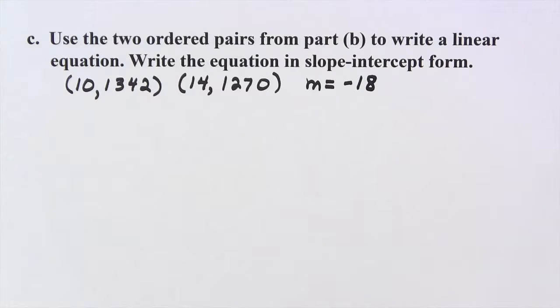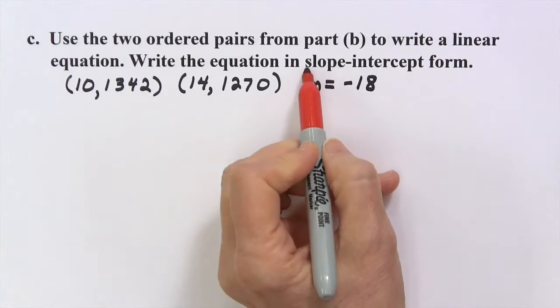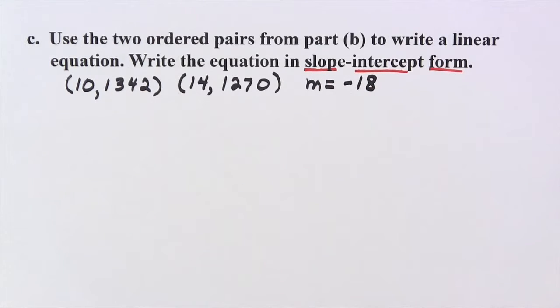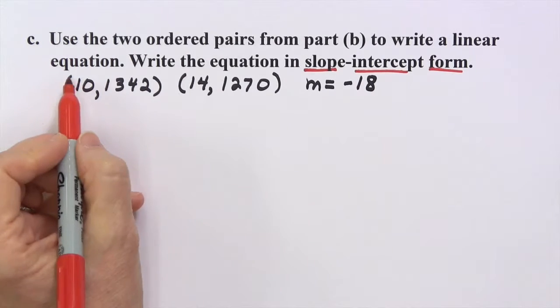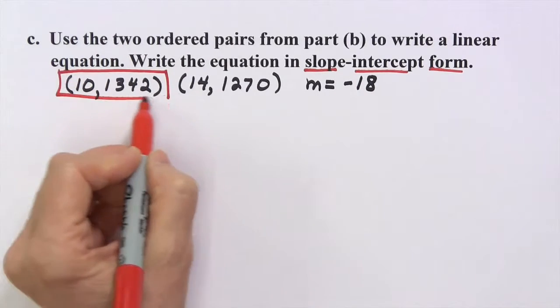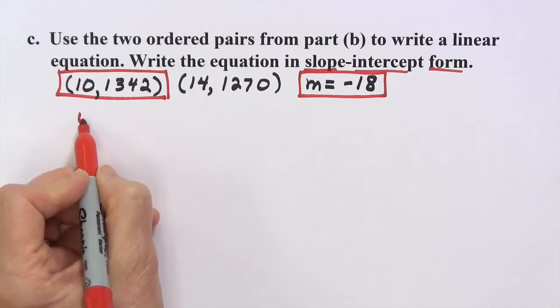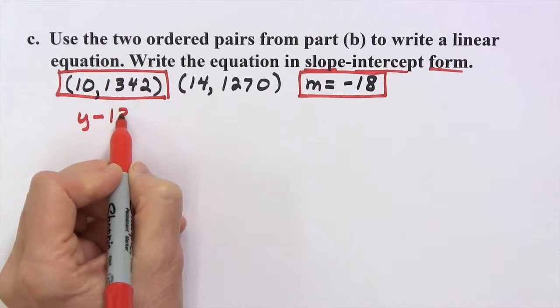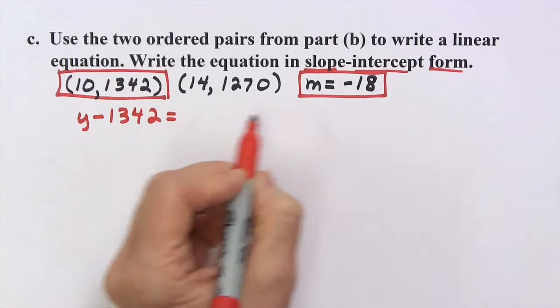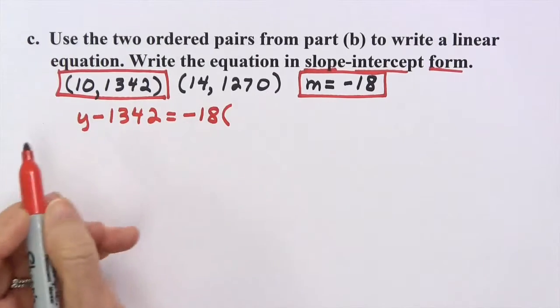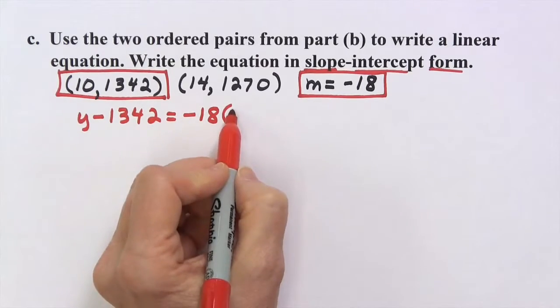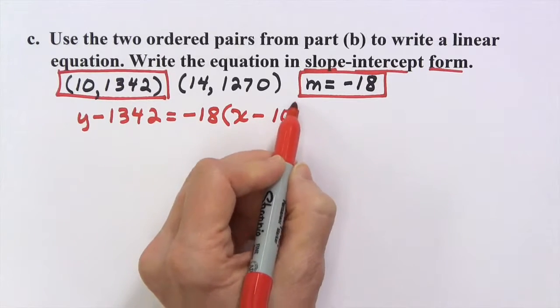Now let's write a linear equation. We want to write it in slope-intercept form. Remember, that means solved for y. How do you want to write your linear equation first? Well, I can use a point and I can use a slope, and I can say y minus the y value, 1342, is equal to slope, negative 18, times x minus the x value of 10.